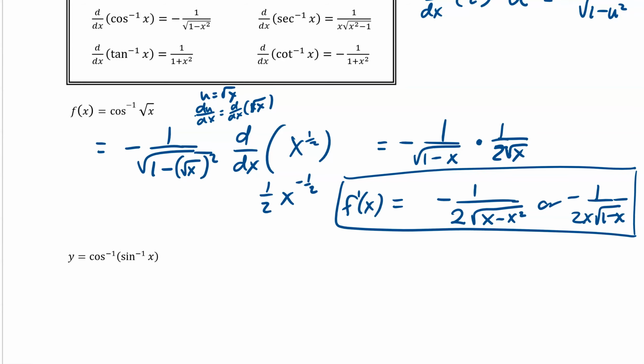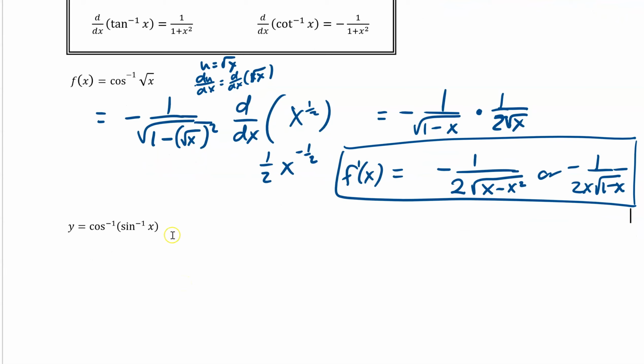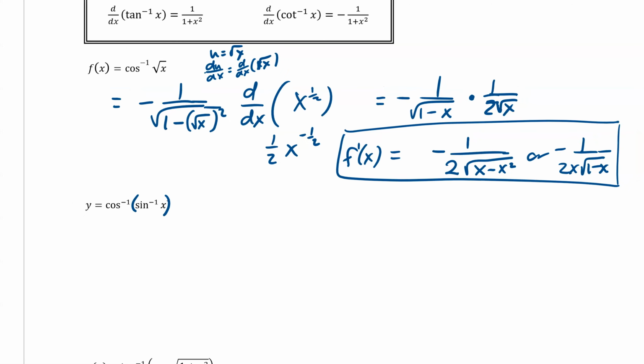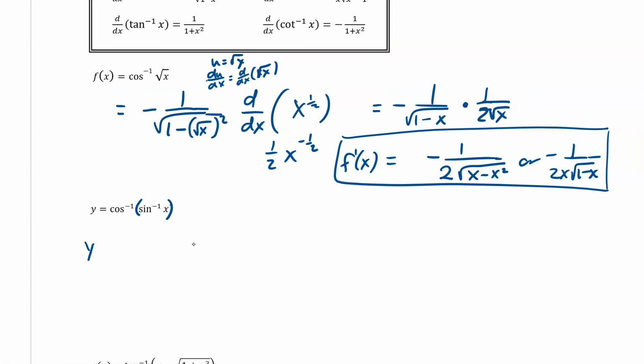Okay, now let's make it a little bit more complicated. So you can see here what we have is chain rule. You want to think of it as product, but there's only one x. So we're going to put a nice large parenthesis here for it, and that's what we're going to plug in. So it's the same thing we just did, but this time, instead of using radical x, we are going to use our u equals inverse sine of x.